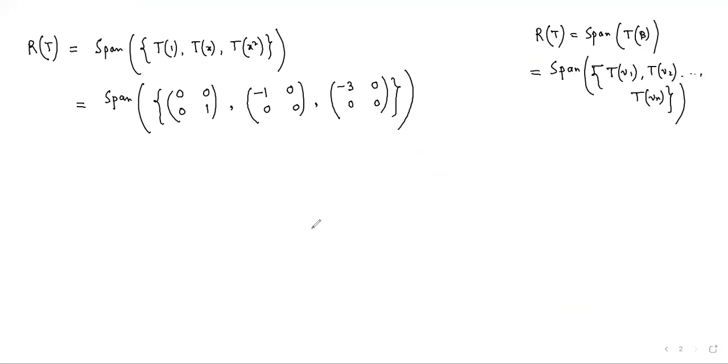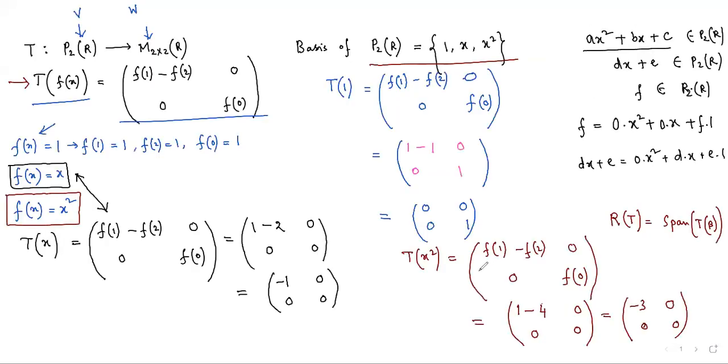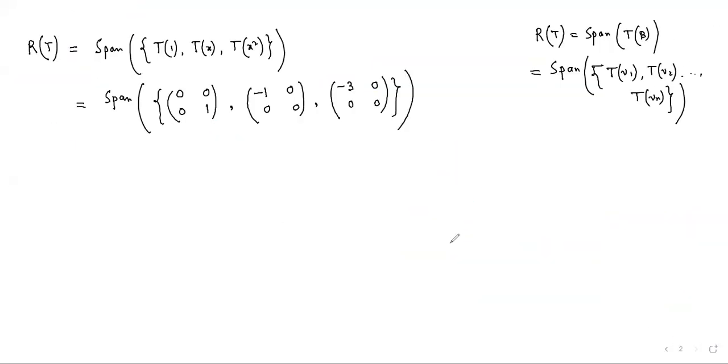Okay, so this is my span. This is my RT, which means any element of RT can be expressed as a linear combination of these elements: 0, 0, 0, 1, minus 1, 0, 0, 0, and minus 3, 0, 0, 0.